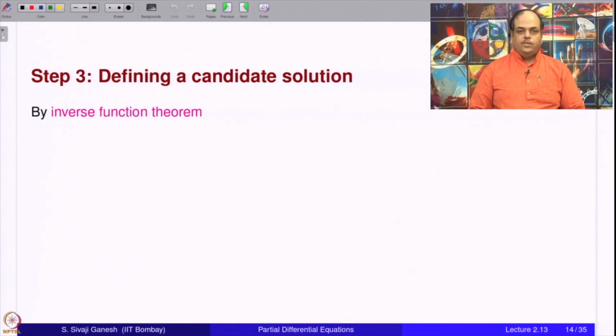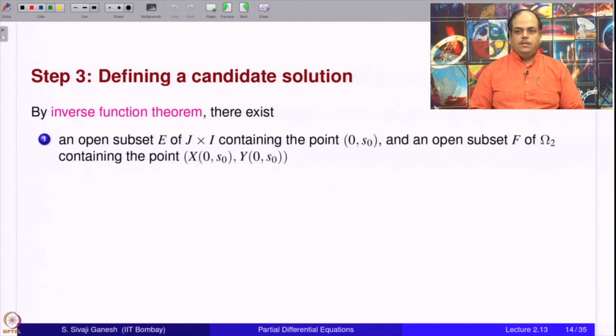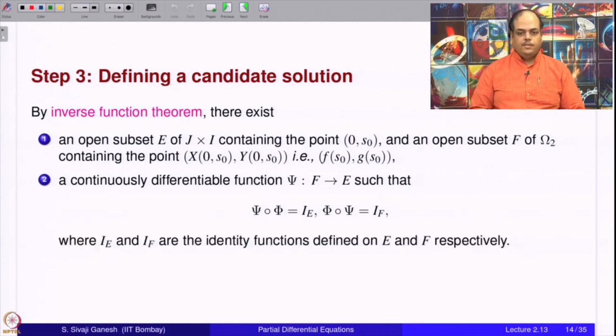So, defining a candidate solution by the inverse function theorem, there exists an open subset E of J cross I containing the point (0, s naught) and F, which is an open set of omega 2 which contains (x(0, s naught), y(0, s naught)), which is actually (f(s naught), g(s naught)), and a continuously differentiable function from F to E such that these two compositions are identity maps on respective spaces.